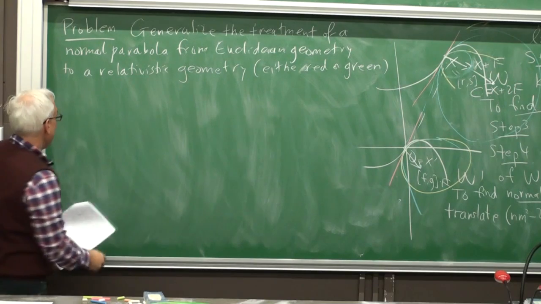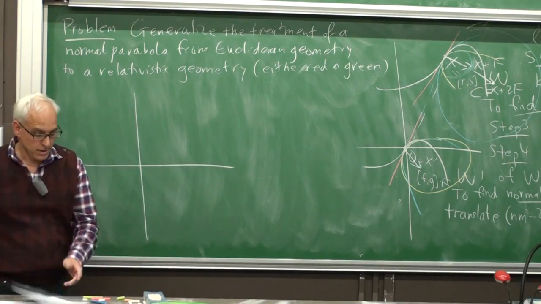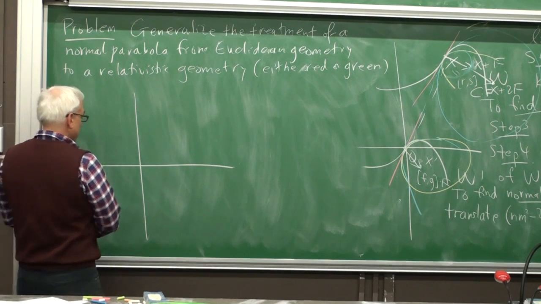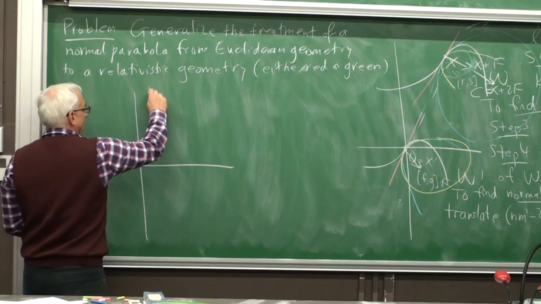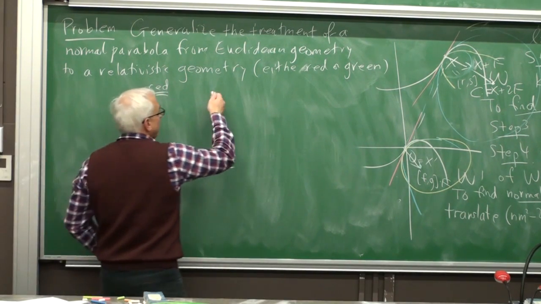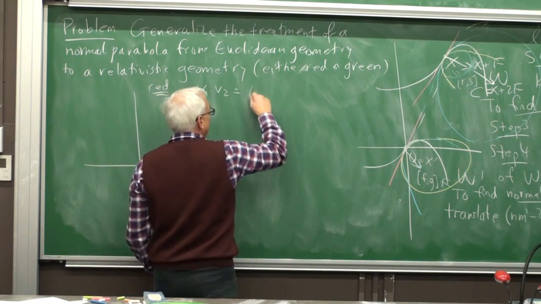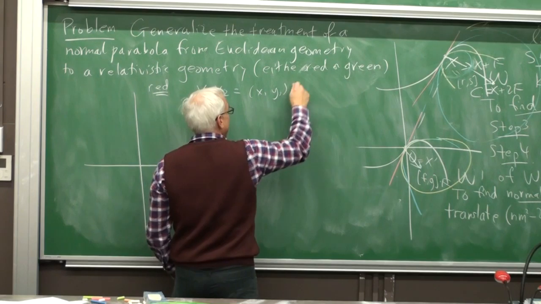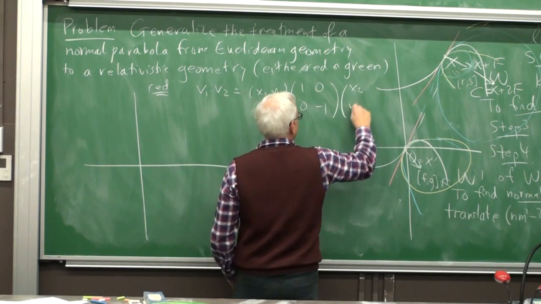So what am I talking about? Let's say that we are working in the red geometry for the sake of argument. In the red geometry, things are determined by the dot product v1 dot v2 equals (x1 y1) times the matrix (1 0; 0 -1) times (x2 y2).